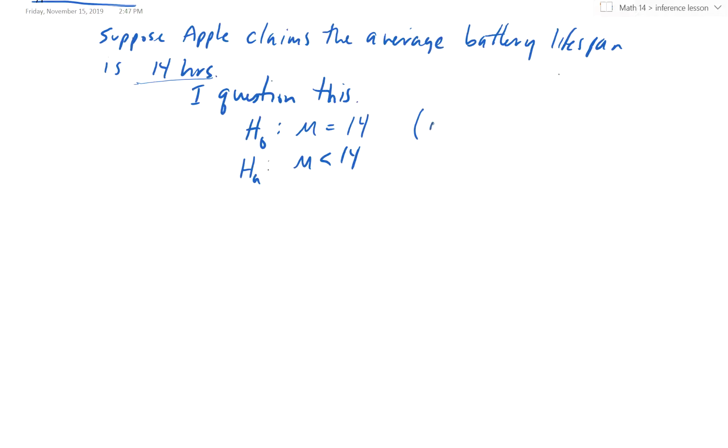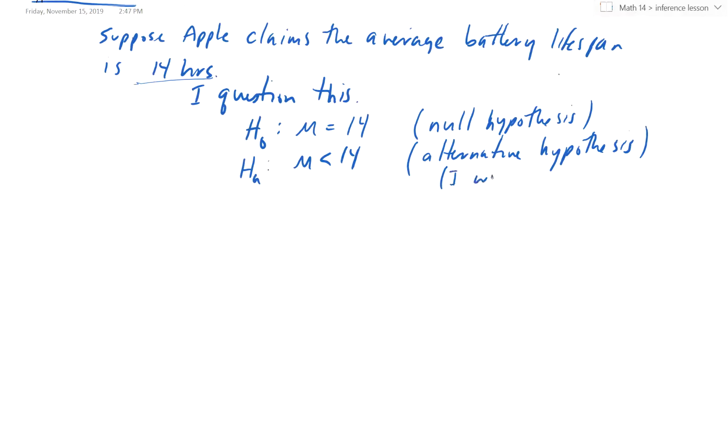So this is called the null hypothesis, and this is called the alternative hypothesis. The alternative is what I want to see if this is true, and the null is the original claim.